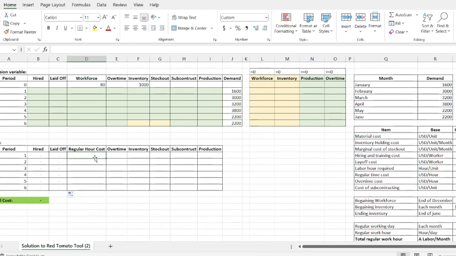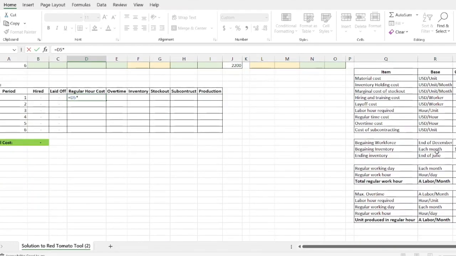Regular work cost. What is the regular work hour cost? Regular work hour cost is equal to the number of people multiplied by the number of hours they will be working.